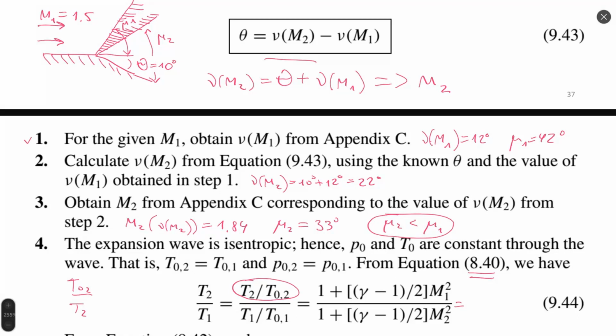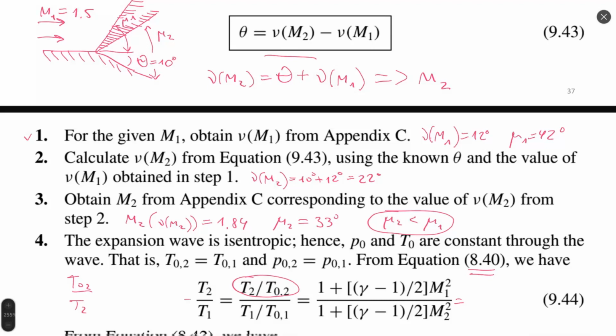So I will write it in reverse direction: T02 divided by T2, and here probably T01 by T1.